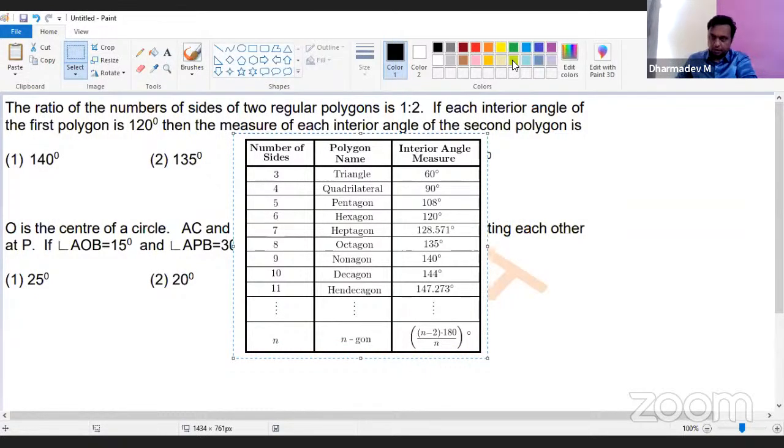So you make 360 divided by 180 minus 120, so you get the number of sides.